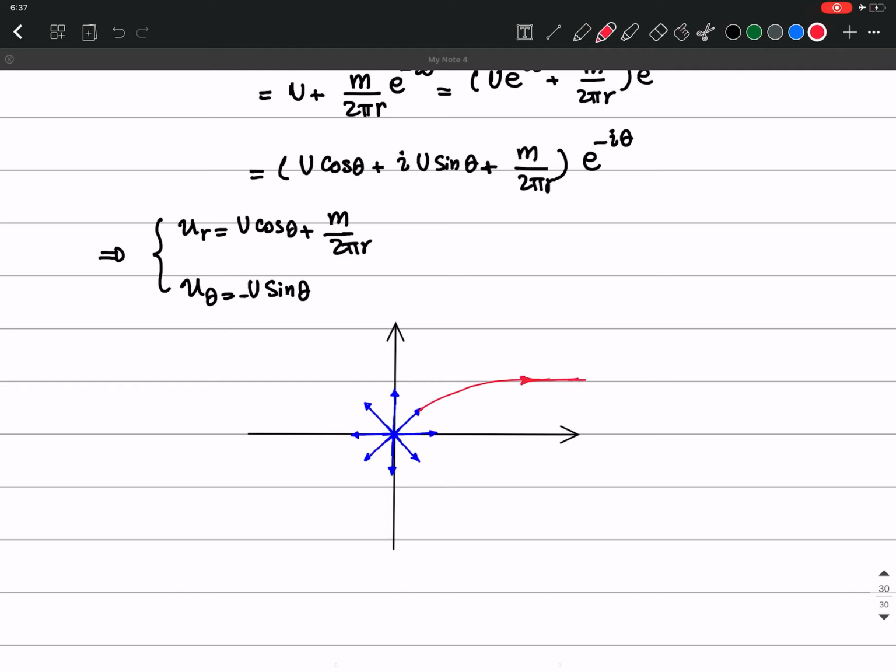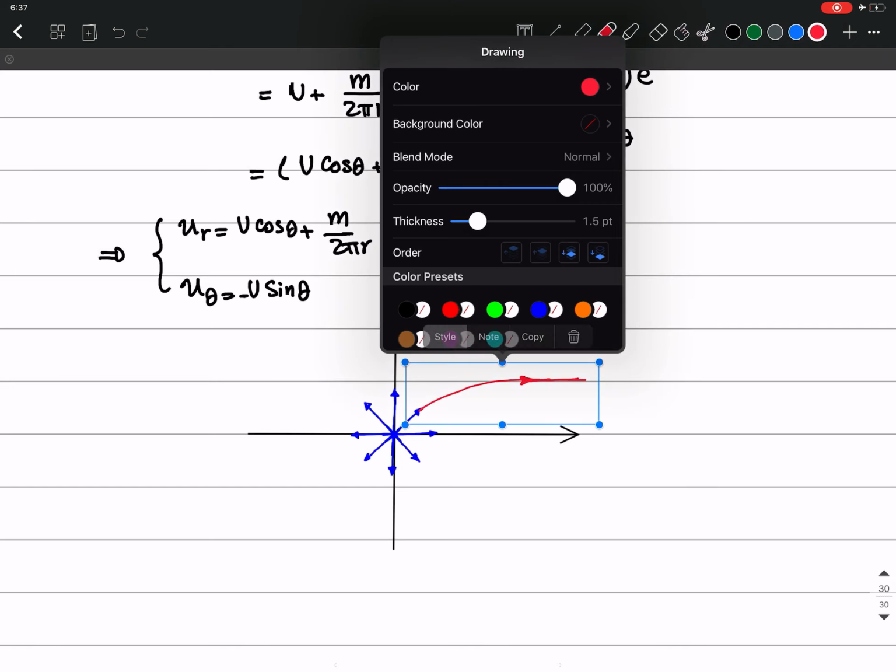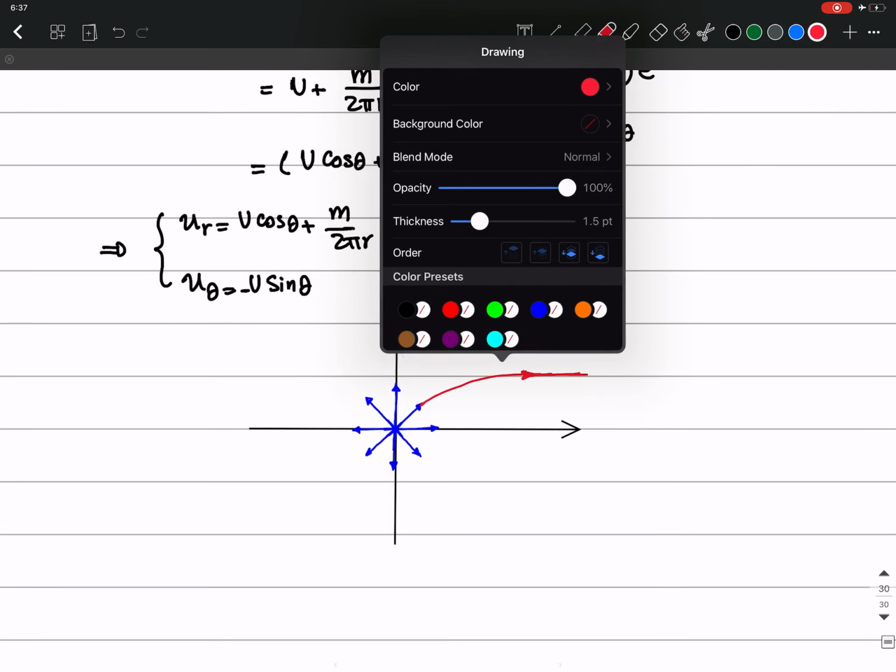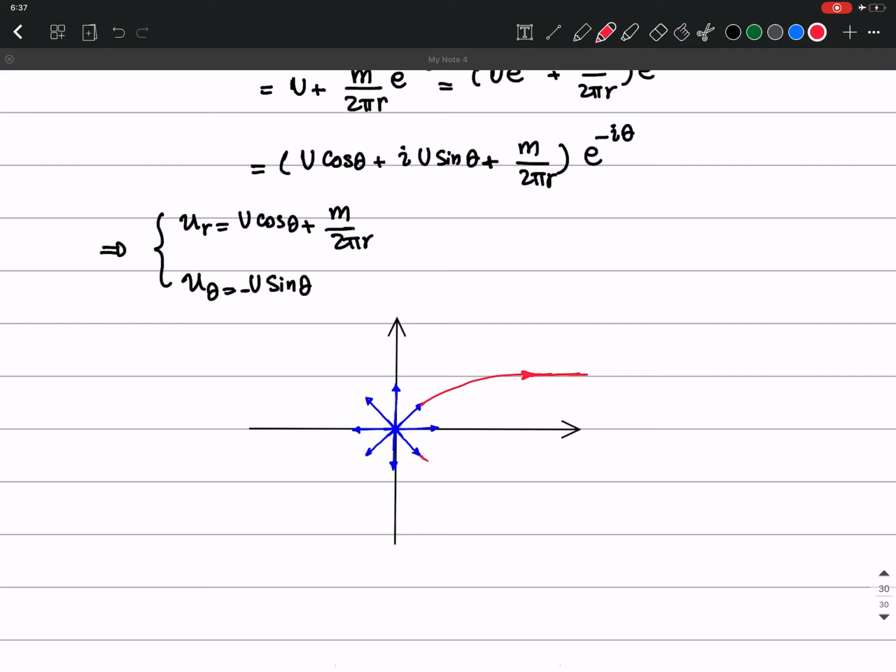If we add uniform flow to this, same thing for this part. You're going to see something like this.